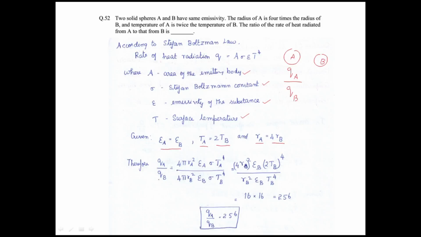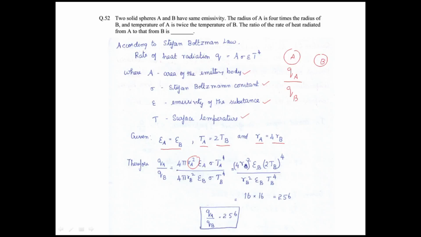So QA divided by QB is, as it is a sphere, we can write the area is 4 pi r square, that is 4 pi radius of A square into emissivity of A sigma T power 4, and divided by the heat radiation from the object B. So here RA can be written in terms of RB, that is 4 times of RB, and in the question they have given emissivity of A and B are same.